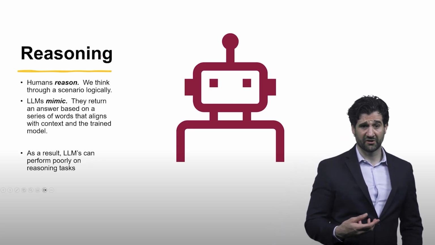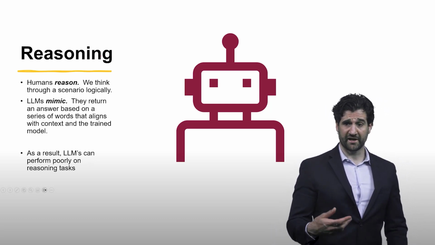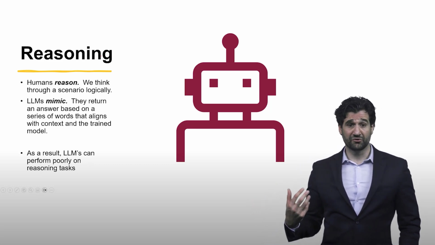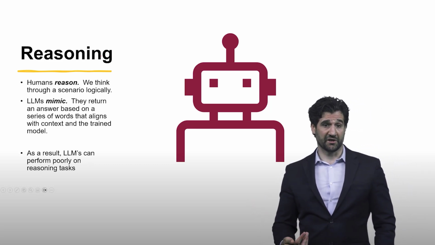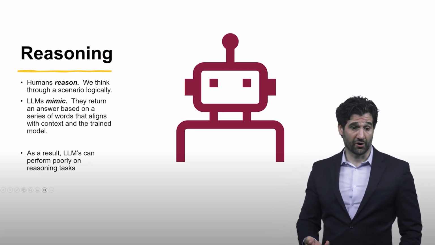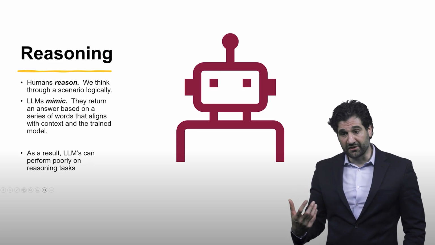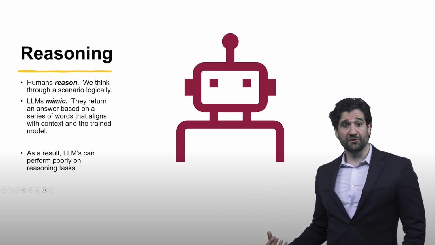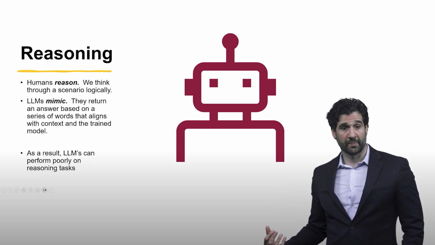We think of things generally in a step-by-step way and have some kind of logic. The large language models don't do that. They are mimicking. They are returning an answer based on the series of words only, and they are just predicting what the next word is going to be. There is no underlying logic to that.